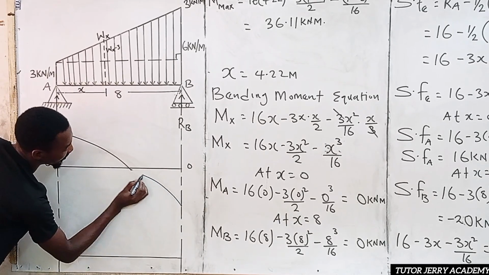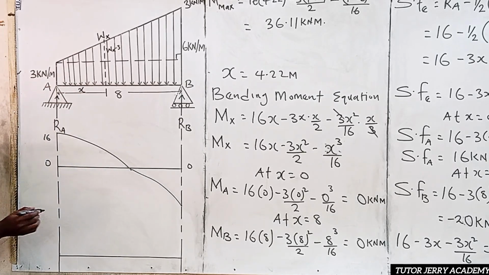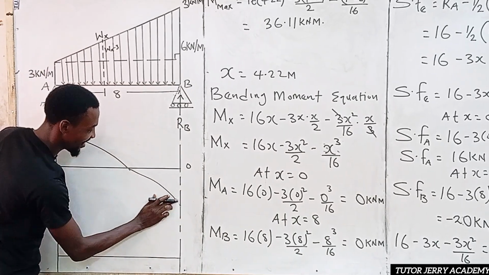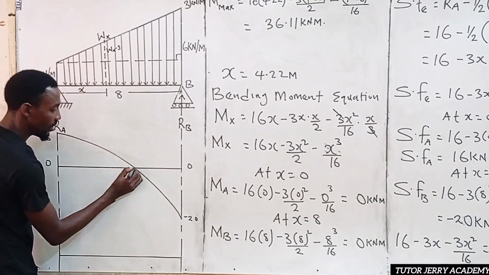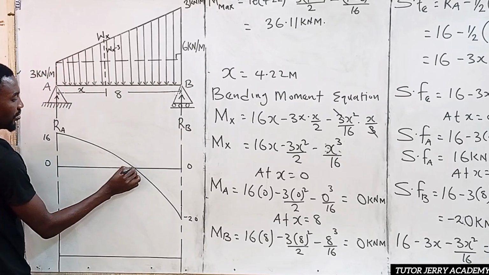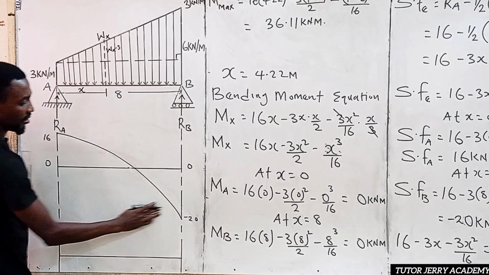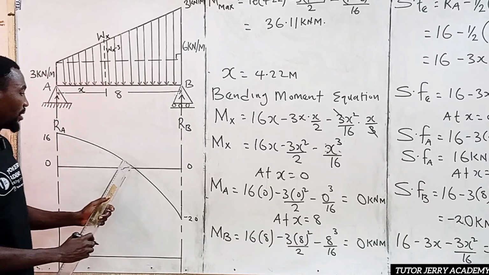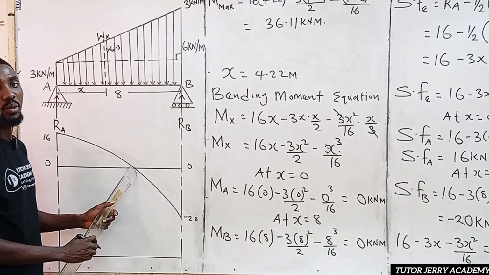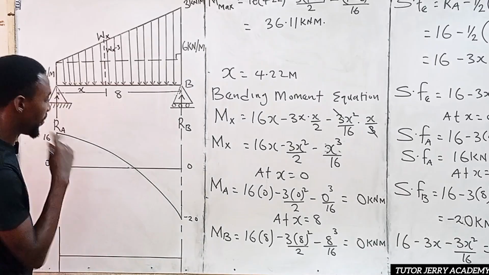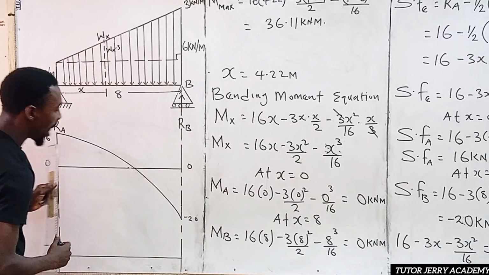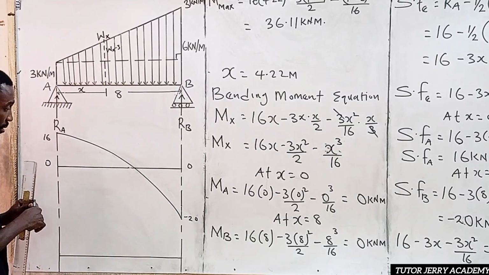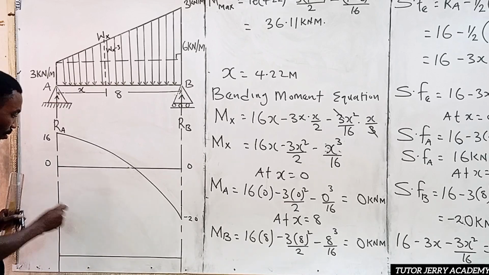So something like this. This is not good. I can pause it. So this is how it's going to be. So this is 16. This is negative 20. And from this point to this point is 4.22. Exactly.